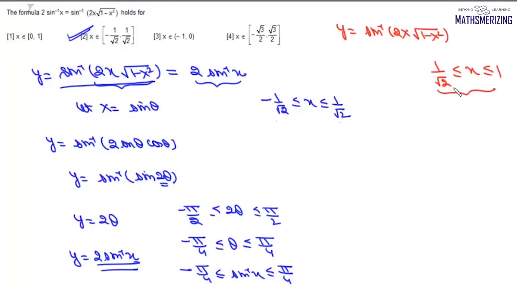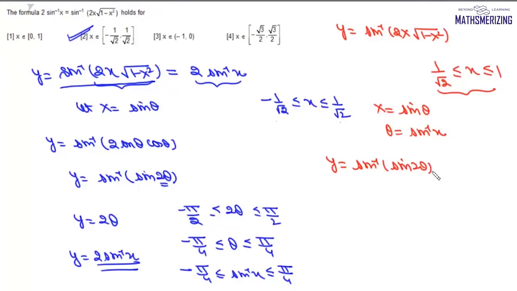So we need to find out in this interval what is the correct formula. So again, we'll start with x as sine theta, or theta is sine inverse of x. So we can write this as y equals sine inverse of sine 2 theta.